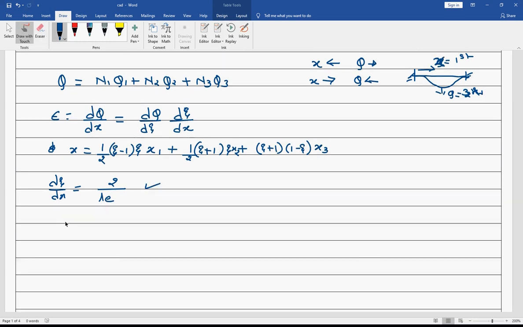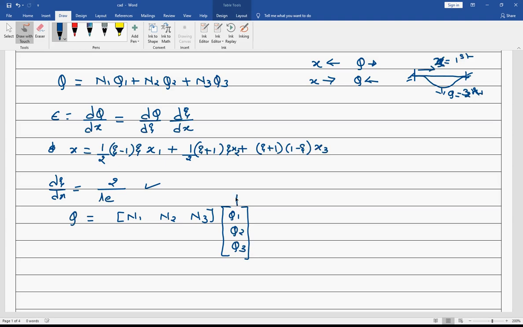Now I go with the Q formulation. Q I can write as N1, N2, N3 in terms of a matrix times q1, q2, q3.